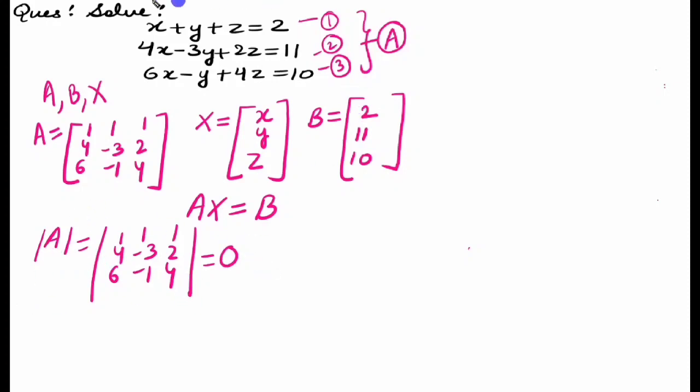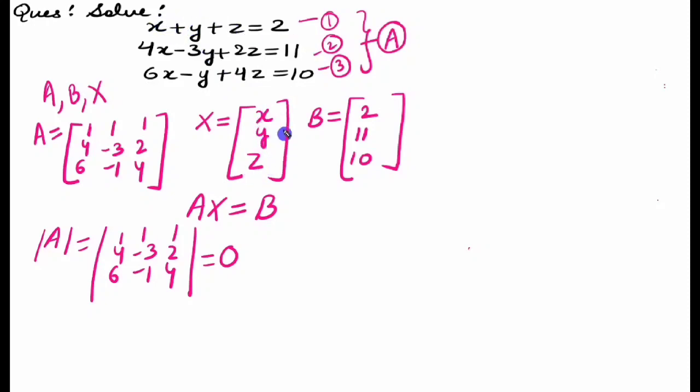Now because the system is a non-homogeneous system and the determinant of A has come out to be 0, this means the system is either consistent or inconsistent. That is, this system of linear equations will either have infinitely many solutions or no solution. To proceed, the next step would be: here we have 3 variables x, y and z.